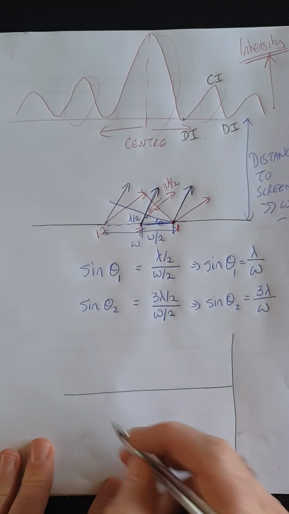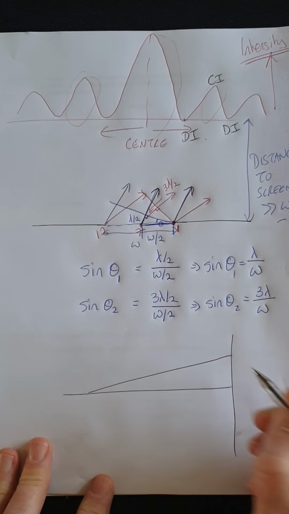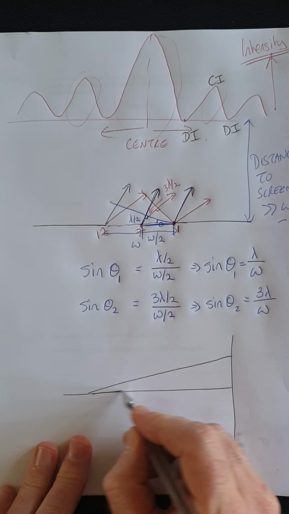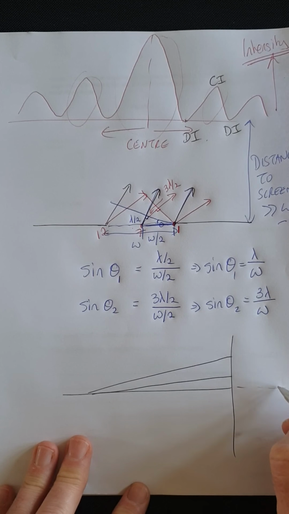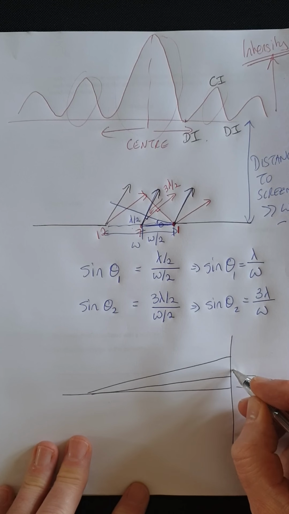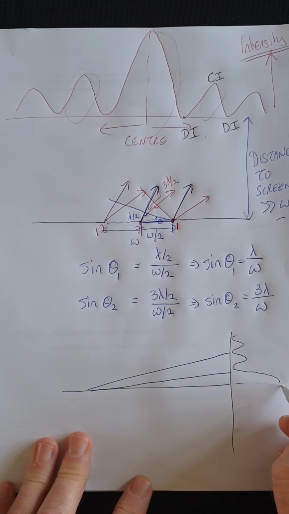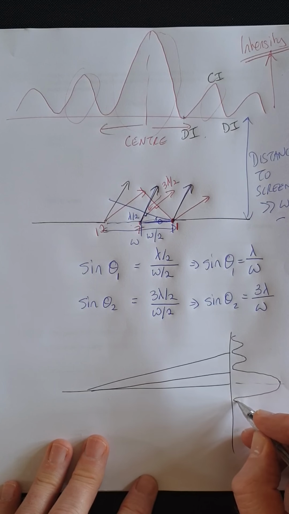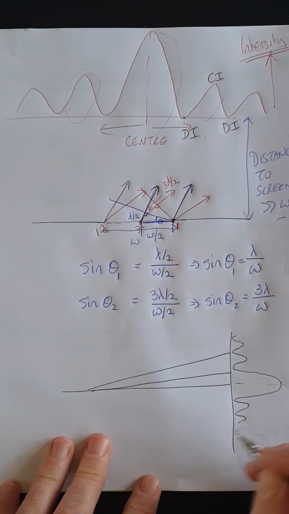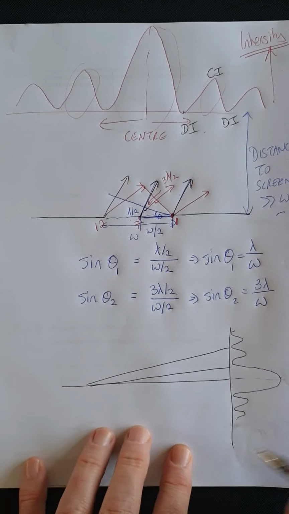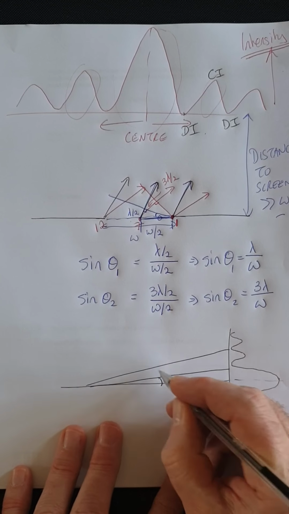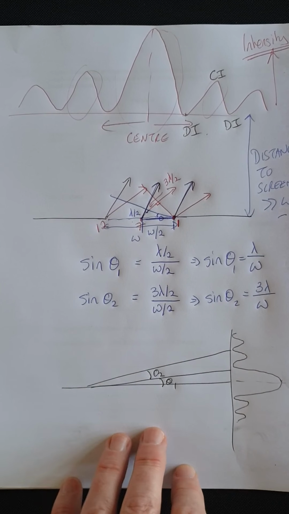In general, what that's going to mean for our pattern is that we have the bright fringe in the center, and then smaller or less intense bright fringes to the side. This is our first angle, this is our second angle.